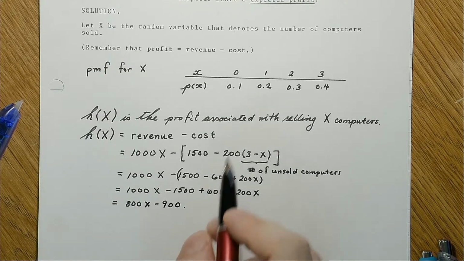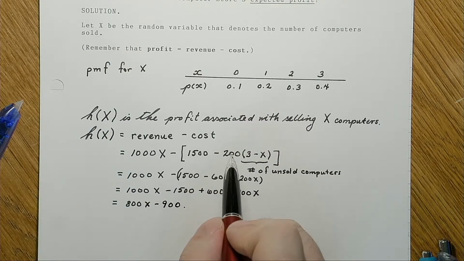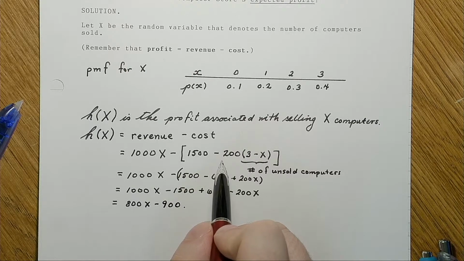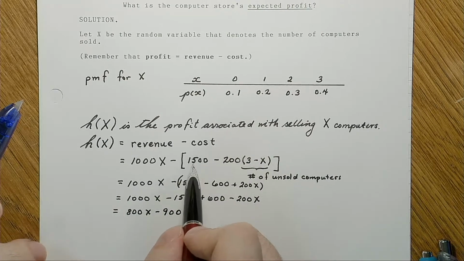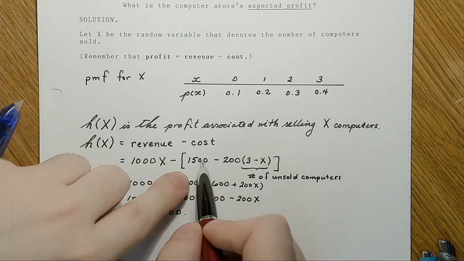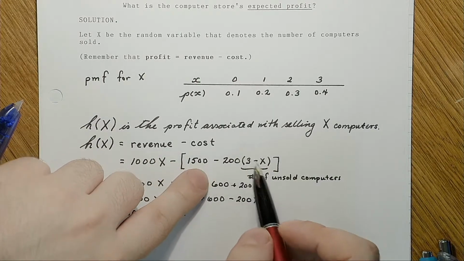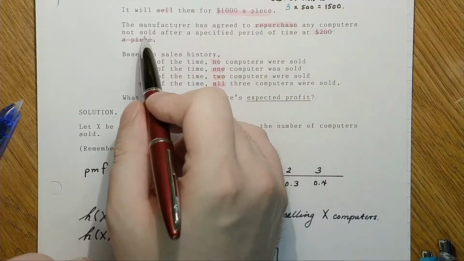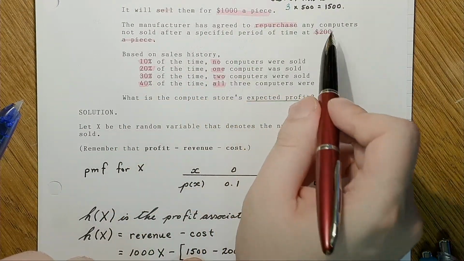I mean, in the initial brackets. No, it's not a cost. Okay, because the cost is what you're going to have to pay, right? So they had to pay the 1,500, but the manufacturer agreed to repurchase any computers.